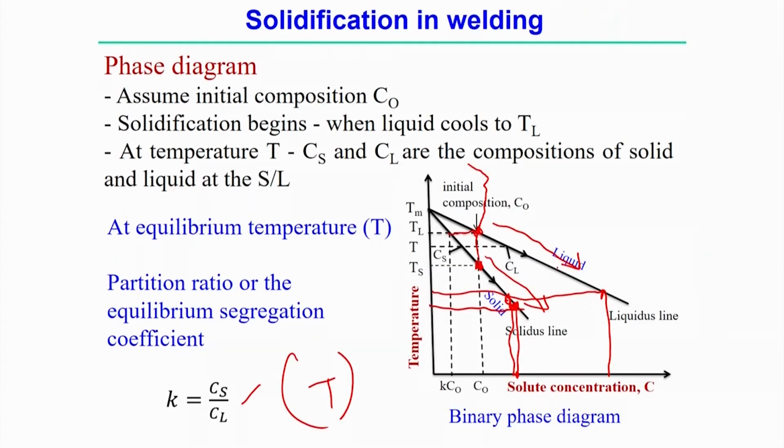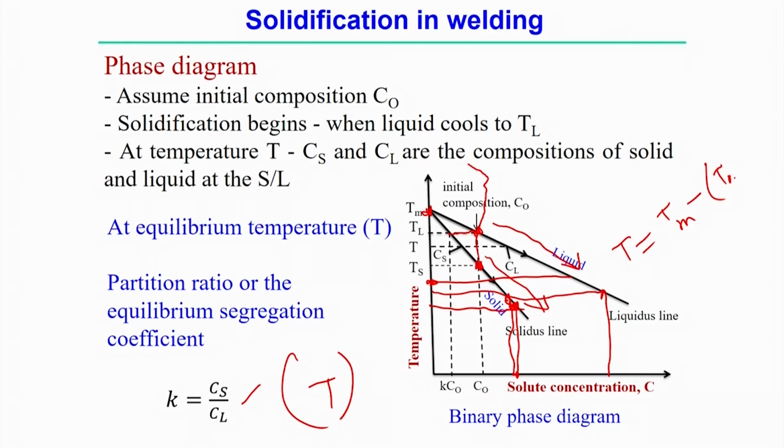If we can see that the liquidus line is basically straight, so at any point the temperature T can be the melting point temperature Tm minus the difference between the Tm and T.